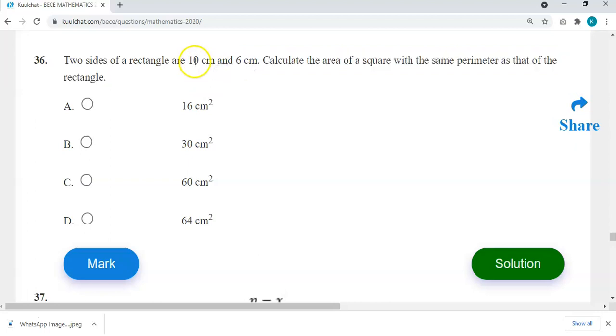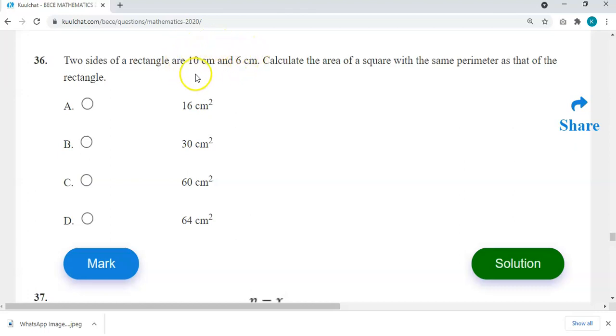So it's 10 plus another 10, which is 20, plus 6 plus another 6, which is 12. 20 plus 12 gives you 32, or you just multiply: 2 times 10 is 20, then 2 times 6 is 12, so you get 32.